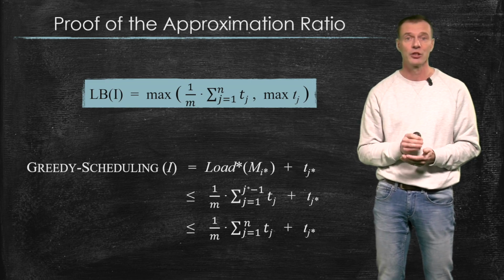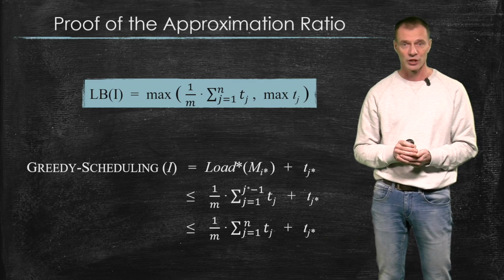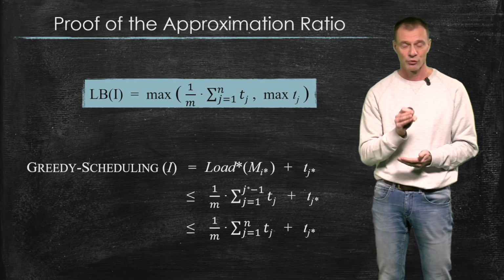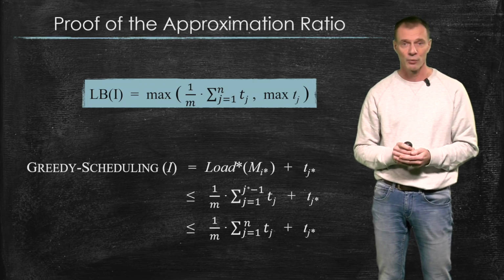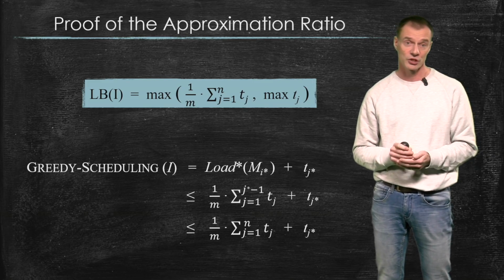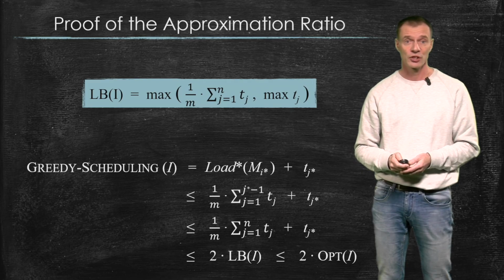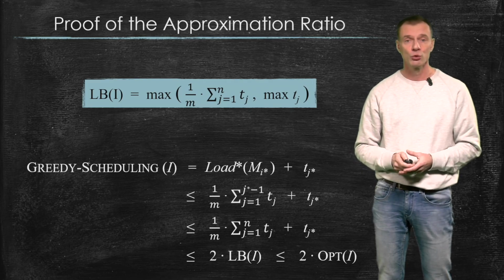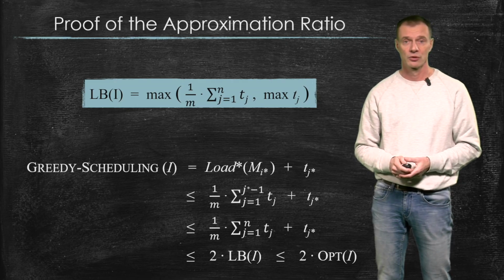You see exactly the two terms that we have now, and we can nicely bound them using this lower bound. The first term in our formula is exactly one of the ones in the lower bound. The second term, this tj star, is of course at most the maximum of any of the tj's. So this is simply at most 2 times the lower bound, which is at most 2 times opt.